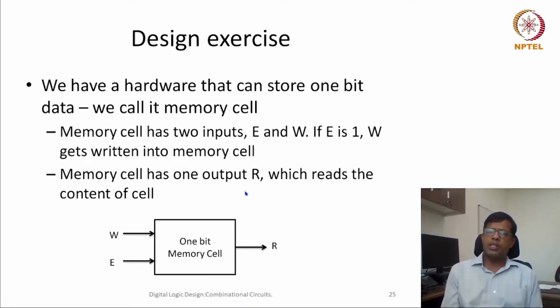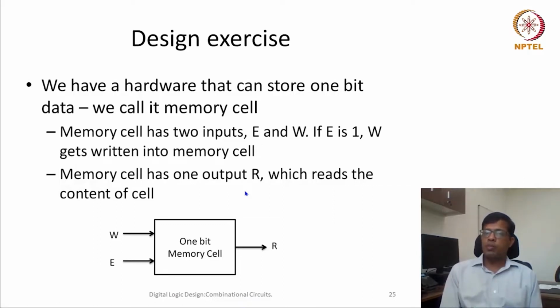Some of these memories store data in the form of magnetic polarity. Some optical discs store it in terms of light, whether there is a cavity or no cavity. And if we are storing the value as a charge, if there is no charge then 0, if there is a charge then 1, then we can call it a memory cell.